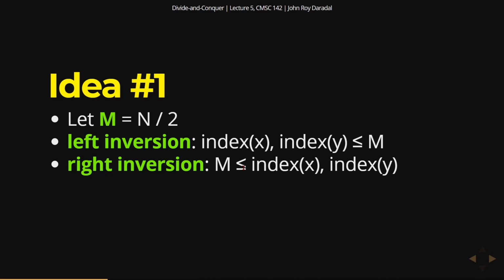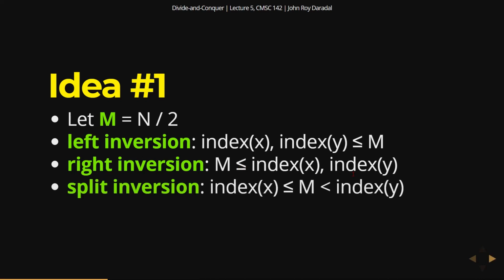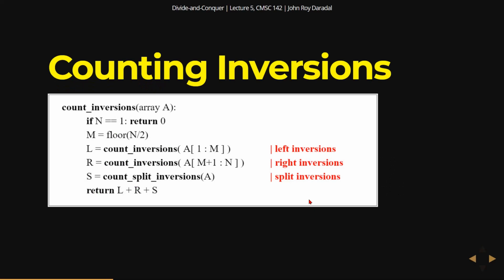So m is less than x and y. And then finally, we also have something called the split inversion, wherein x is in the left half and y is in the right half, meaning before and after the middle. So you have left inversions, right inversions, and split inversions.